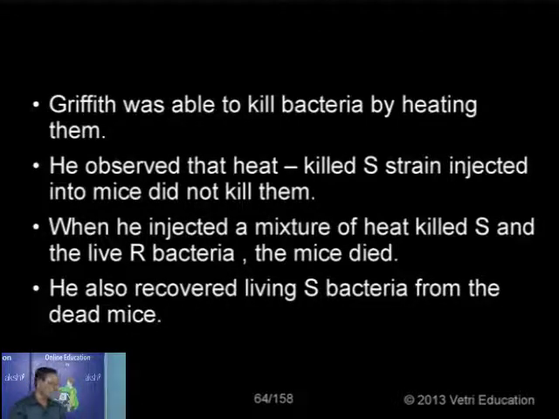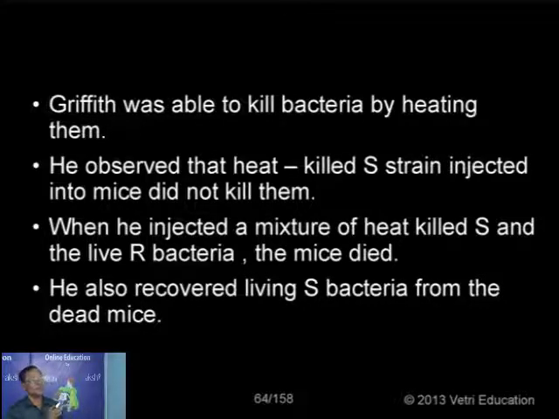The reason? From the dead mouse, he also recovered a number of S cells. We injected only the heat killed S strain DNA; once heat killed, we have only the DNA, no other components. But after the mouse had died, he recovered cells of the S type.